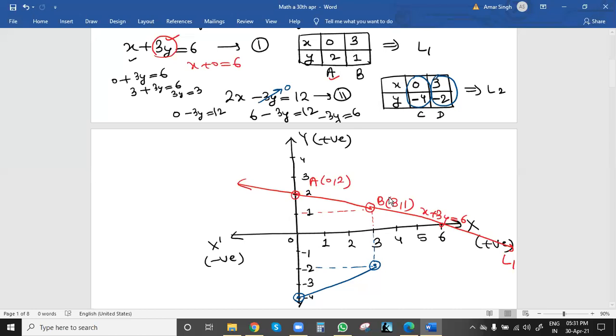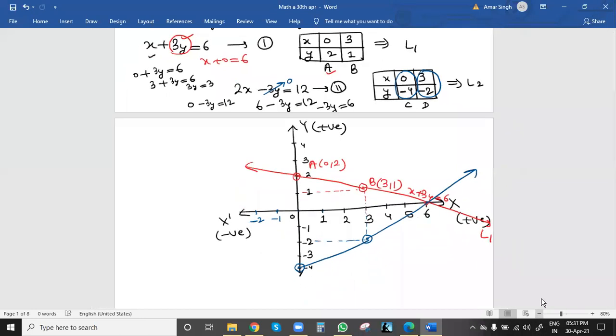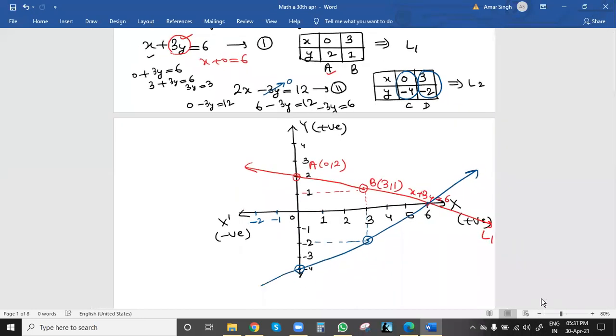At this point x is minus 1, y is 0. At this point x is minus 2, y is 0. That's why at x-axis, y is 0. So with y 0, x will be 6. So this will pass through this point, 6, 0. Always we can see where this line will cut. And backward direction also we can extend. So this was the line.